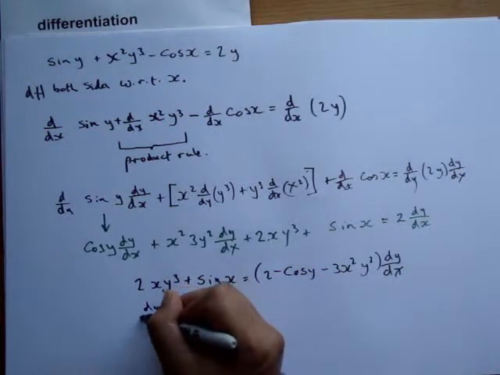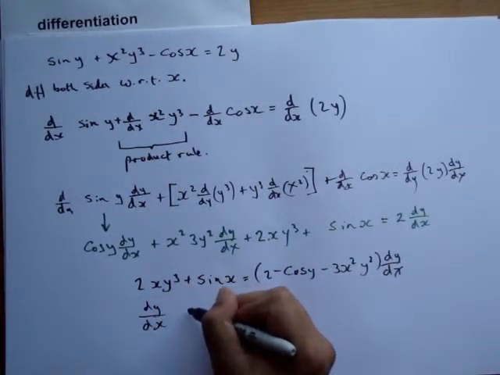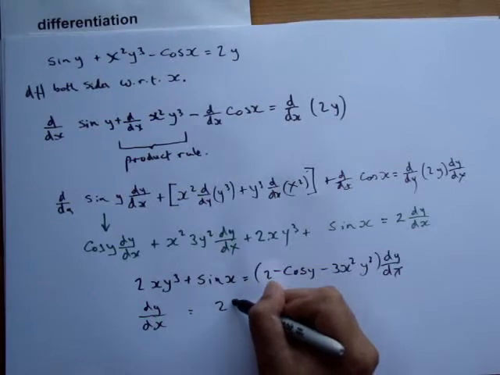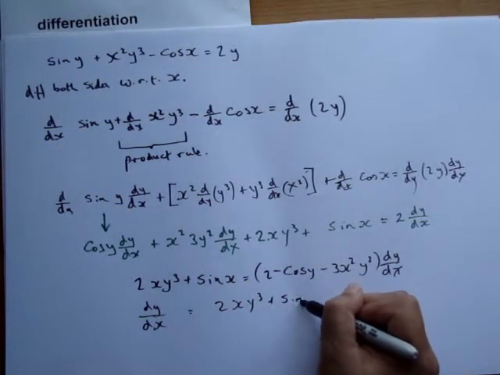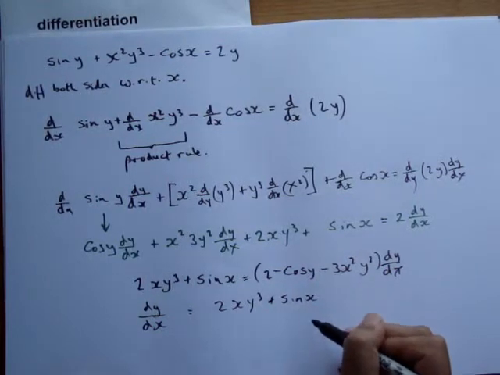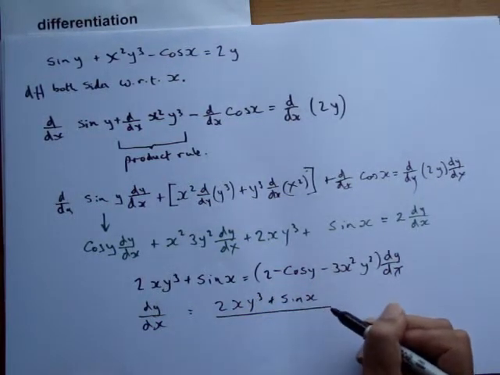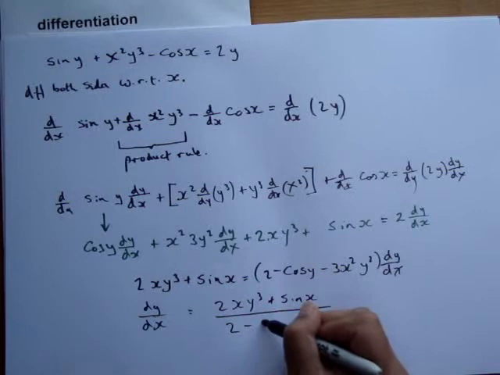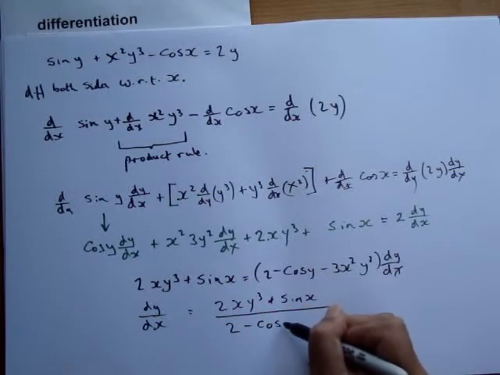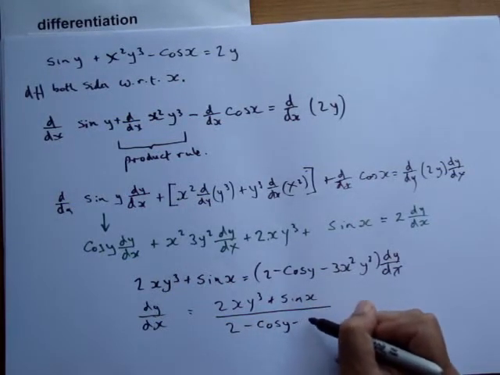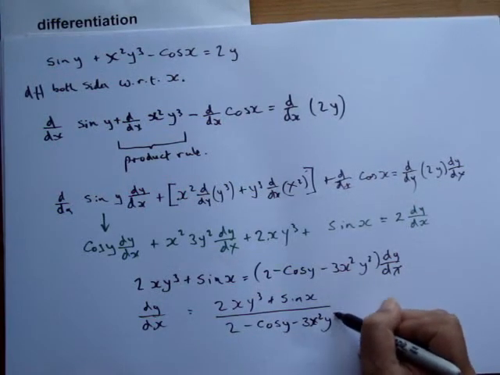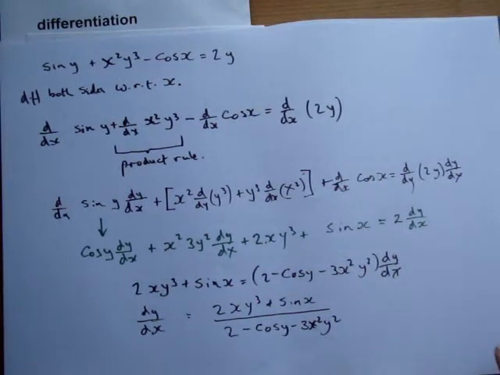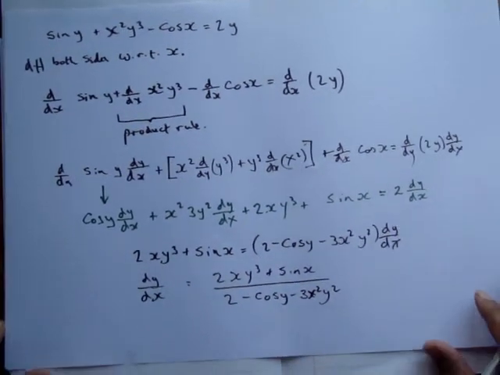Therefore dy by dx equals that, and all that is divided by 2 minus cos y minus 3x squared y squared, and that is your answer.